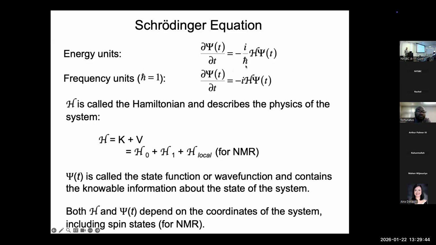In NMR, we mostly work in hertz, so h bar will disappear. So we work in units where h bar is equal to 1, or if you like, we think of energies as frequencies. And if you want to get real energies back, given the frequency, you have to multiply by h bar. There's also, as you've already seen, a lot of kTs floating around because of the Boltzmann equation.